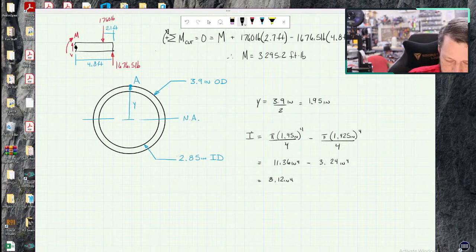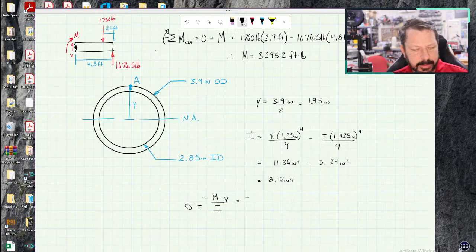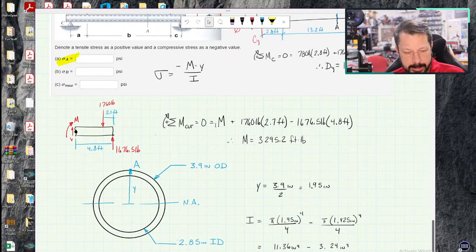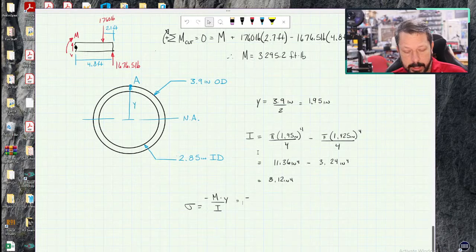And now I should have all the stuff I need for sigma equals negative M times y over I. The negative will tell me that I've got compression or tension. I think I've been keeping up with everything. I have a positive bending moment, which should put compression on the top.